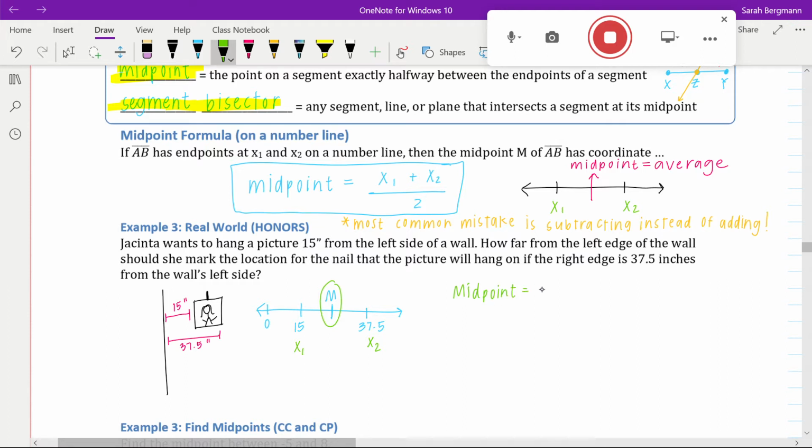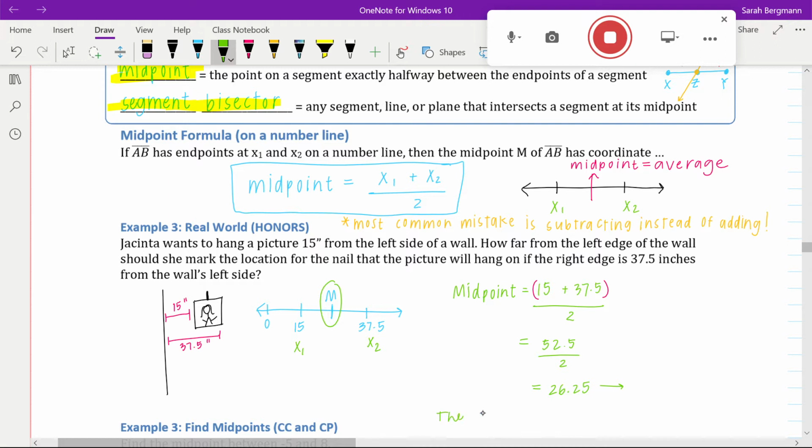So the midpoint is 15 plus 37.5 divided by 2. Hopefully you know that there's an imaginary parentheses around this numerator, so we must complete that addition first. So that gives us 52.5 divided by 2. So we know the midpoint between those two endpoints is 26.25. And now, since this is a word problem, we need to interpret this.